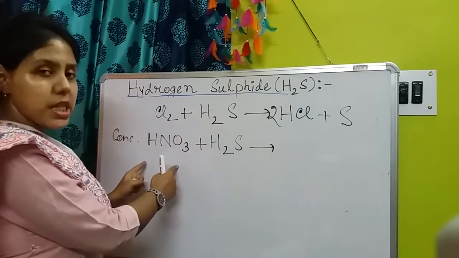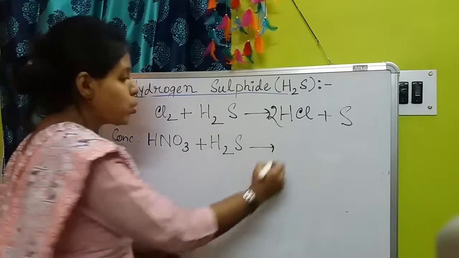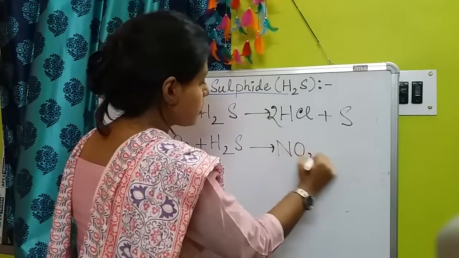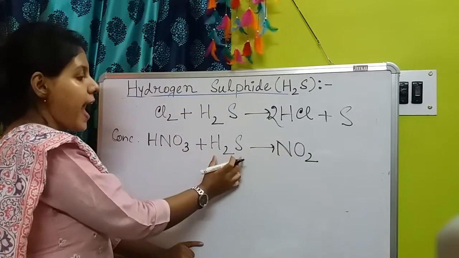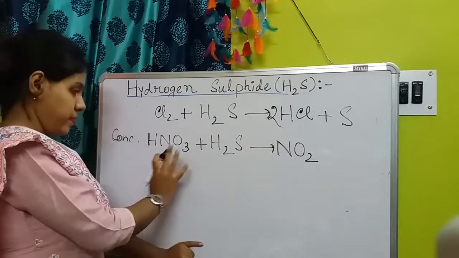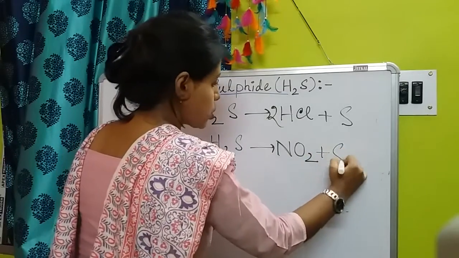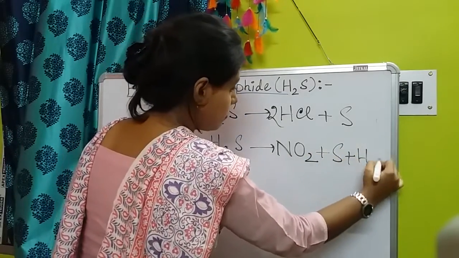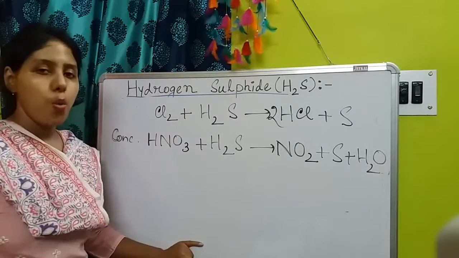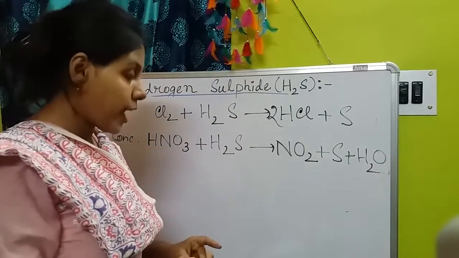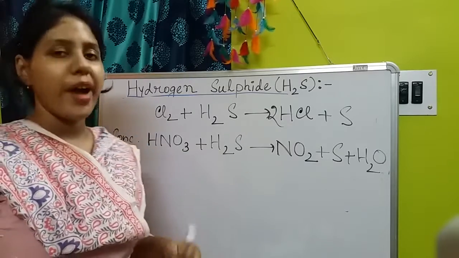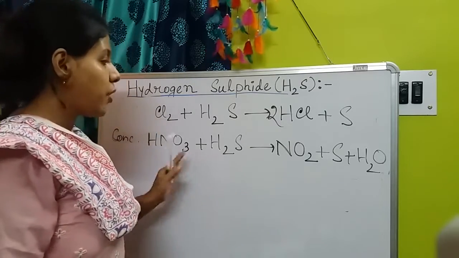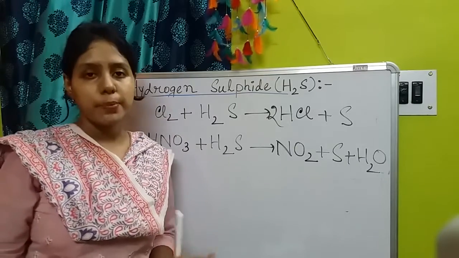H2S will reduce it, making NO2, nitrogen dioxide. So it will be reduced to nitrogen dioxide and H2S will be oxidized to sulfur along with the formation of water, H2O. Okay. So many reducing properties are there which you could find in the notes that I have given.